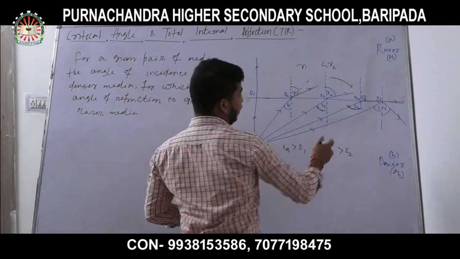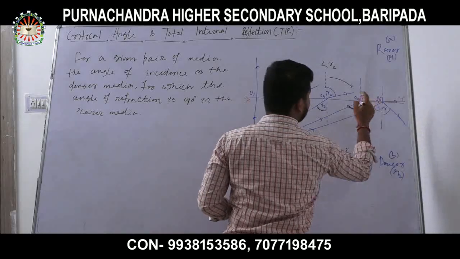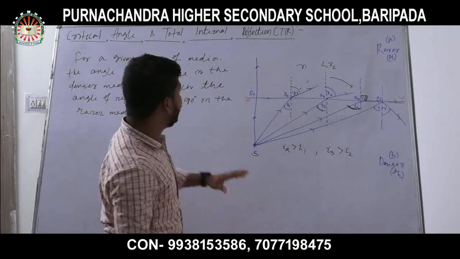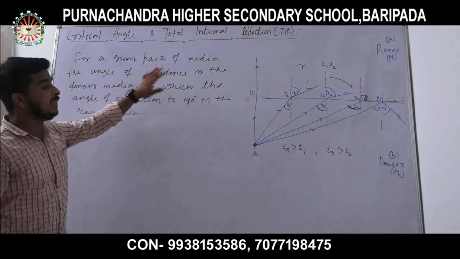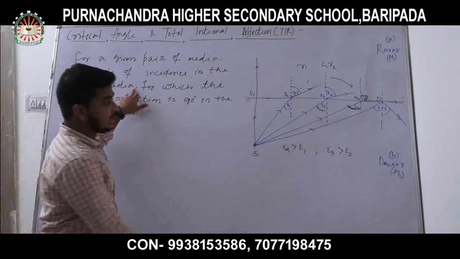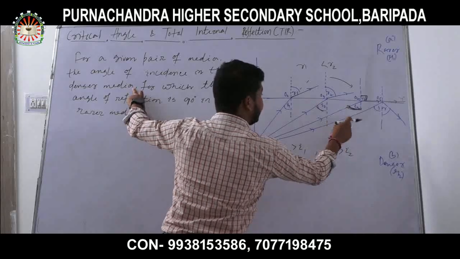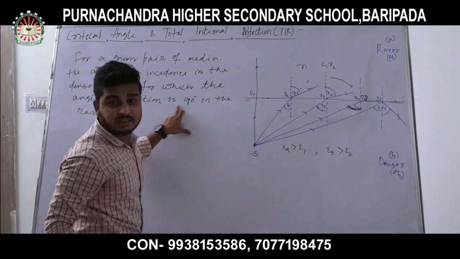Okay, so now this is the angle I3, for which the angle of refraction is this R, and this R is 90 degree. Now look at my definition. For a given pair of media, the angle of incidence in the denser media, for which the angle of refraction is 90 degree.